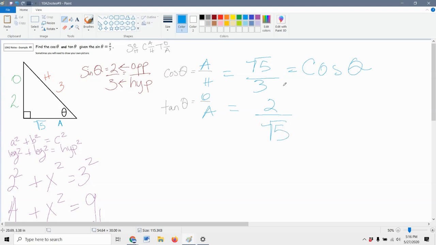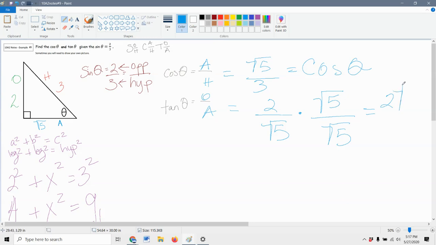Now here we're okay because our radical is on top, but here we want to rationalize that denominator. We don't want an irrational number or a radical in our denominator. So remember, we're going to multiply by the root of 5 over the root of 5. That's the same thing as 1. That means we're not changing the value at all here.